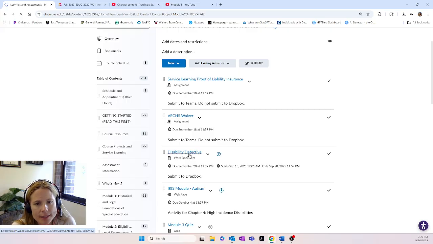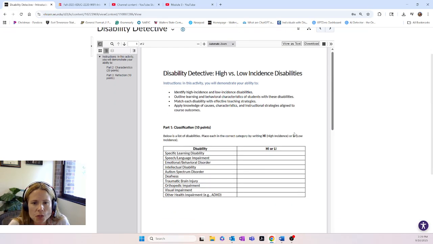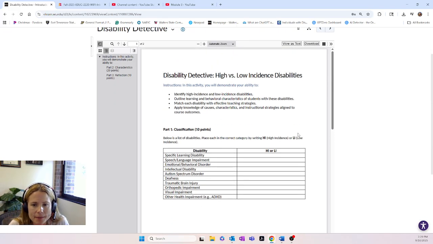The Disability Detective, I wanted to take a moment and go over what I'm expecting you to do as far as this assessment. There are 3 parts to this activity, and you will see that I broke down how many points will be for each part. In this activity, you're going to demonstrate your ability to identify what is high incidence and low incidence.